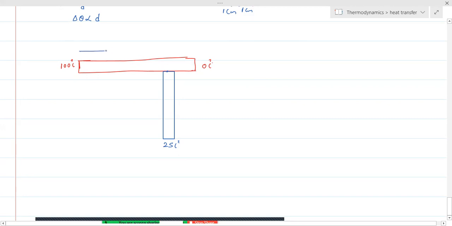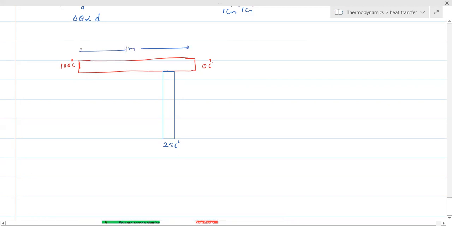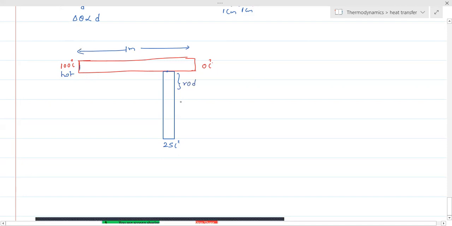The total length is given as 1 meter. At a certain distance from the hot end, you are keeping a vertical rod.